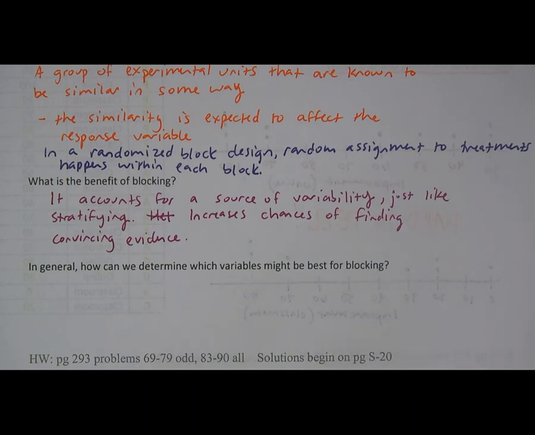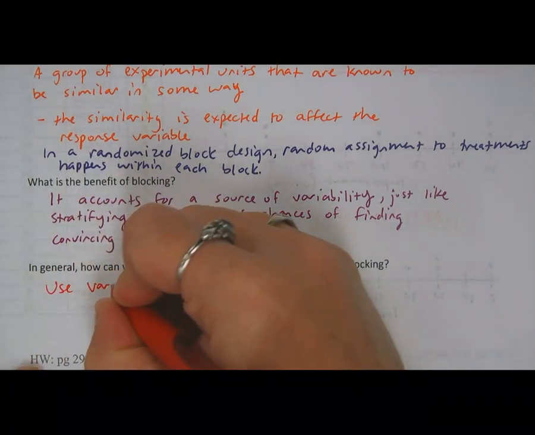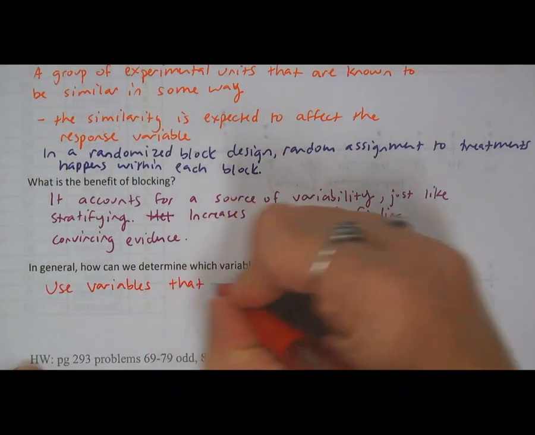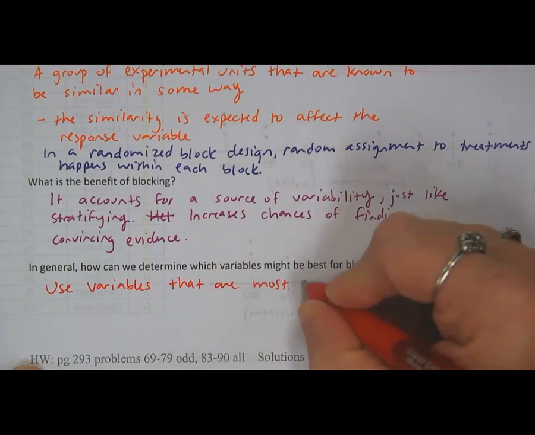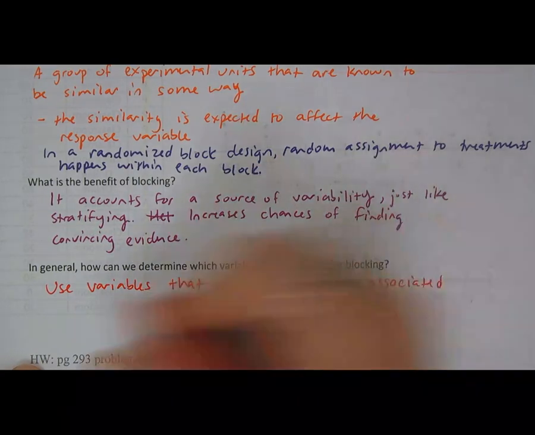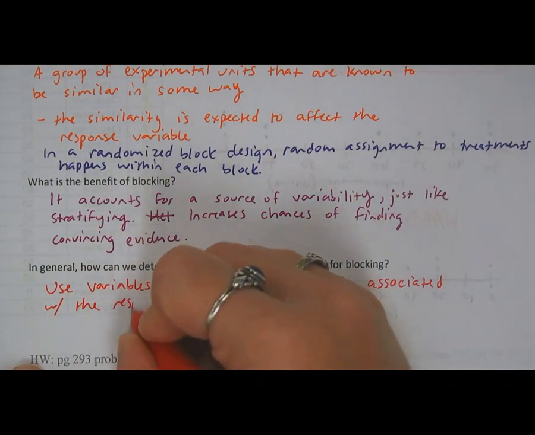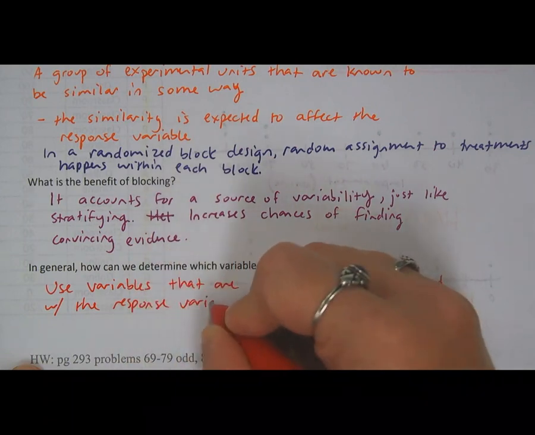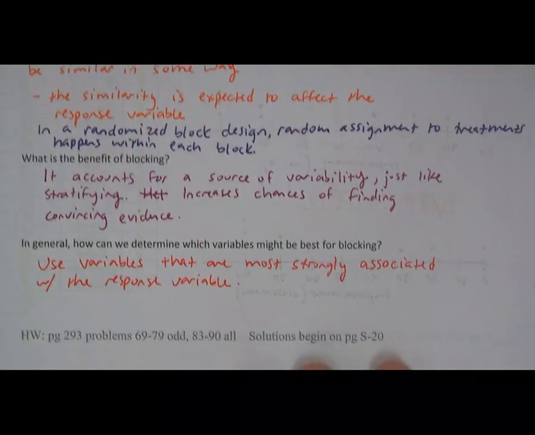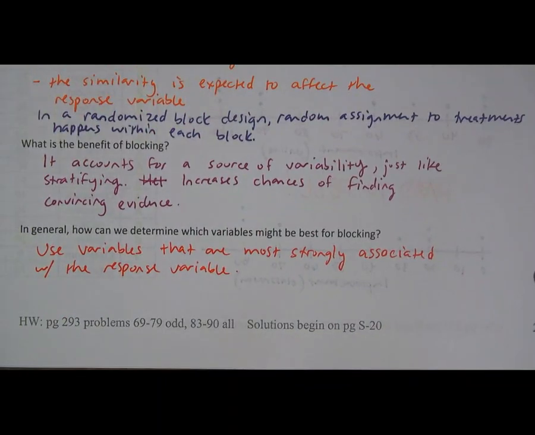So use variables that are most strongly associated with the response variable. What I mean by that is block by variables that you think would have the most influence on the outcome of the experiment.